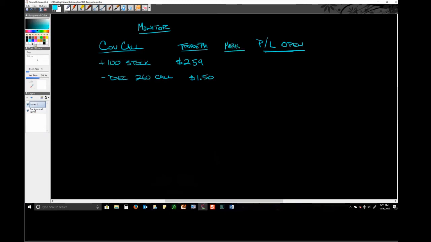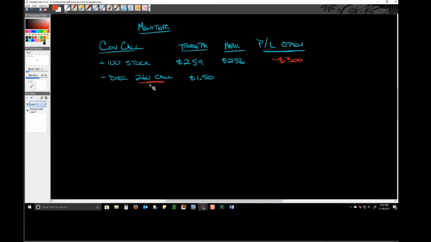Let's say the stock drops to 256. How much money are you going to be up or down on the stock? If you bought it at 259 and it drops to 256, you're down 300 bucks. So it'll show that you're down $300 in the stock.